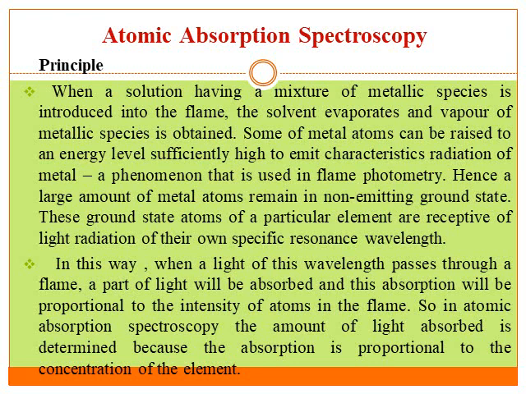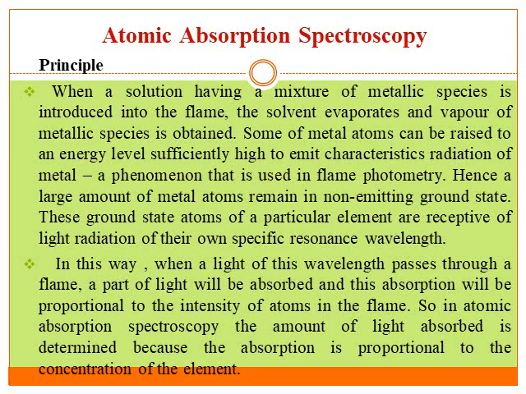Some of the metal atoms can be easily raised to sufficiently high energy excited states and emit certain characteristic radiation of the metal when they come back to the ground state. This phenomenon is used in flame photometry.